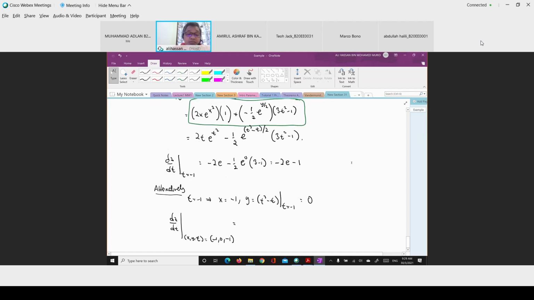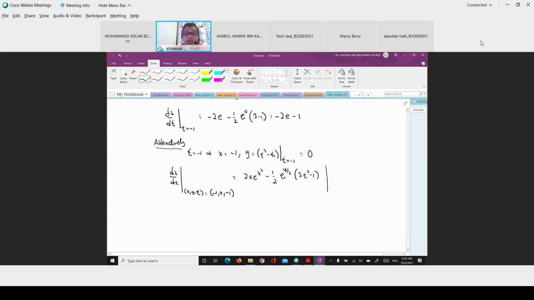So here we replace. Okay, let me write it down first. This is minus a half e to the power of y over 2 times 3t squared minus 1. And here we want to replace x, y, t with -1, 0, -1.